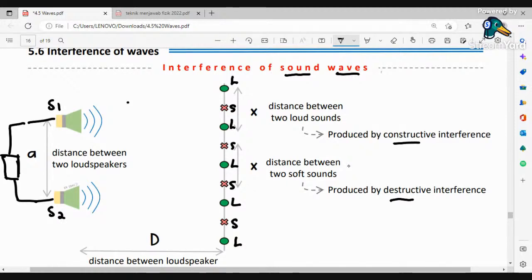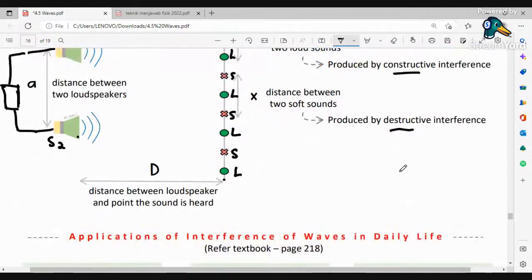So the same formula applies. The separation between two sources is A. The distance between the loudspeakers and the line where X is measured is D. It means we can apply the same formula for the wavelength of the sound wave: lambda equals AX divided by D.